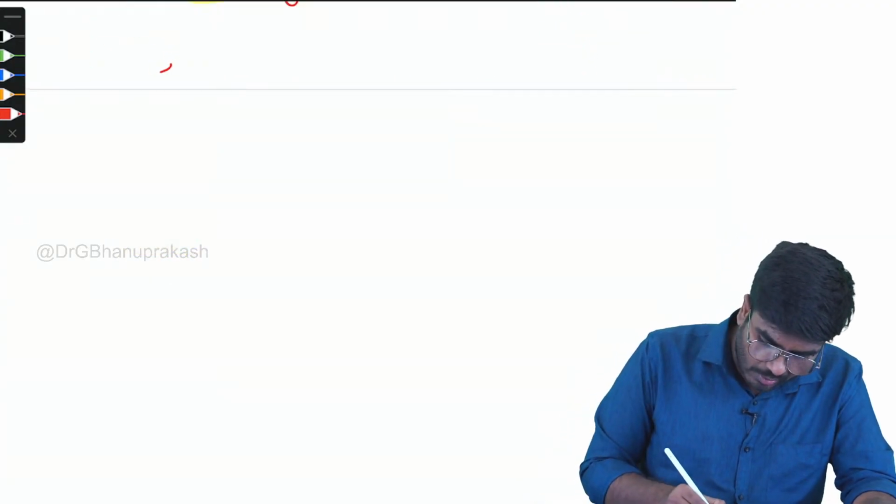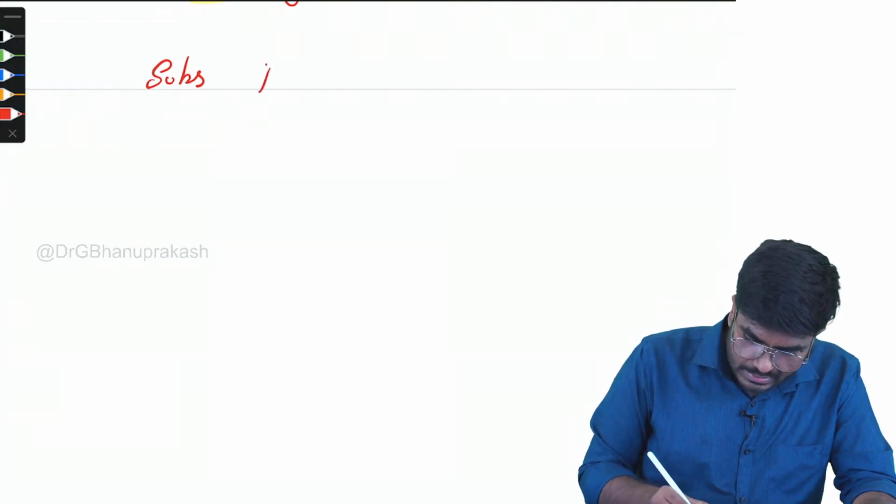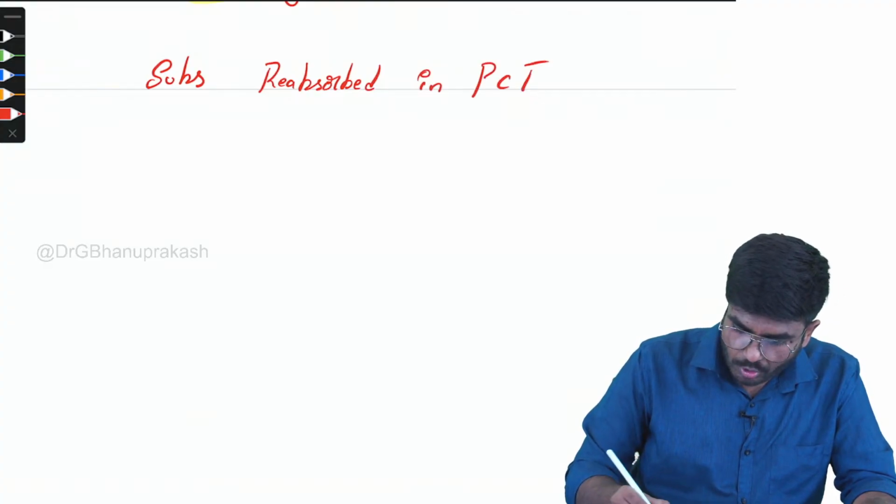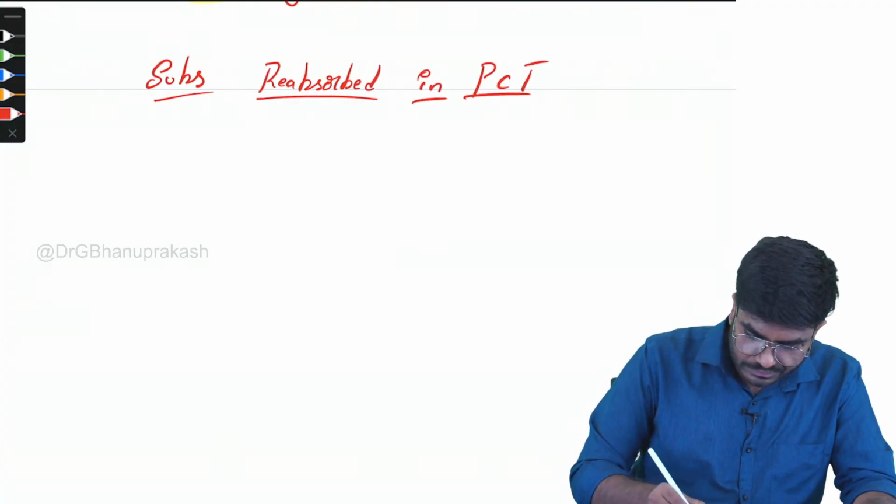Now after this, let's talk about the substances reabsorbed in the PCT. What are the substances which are reabsorbed in the proximal convoluted tubule?